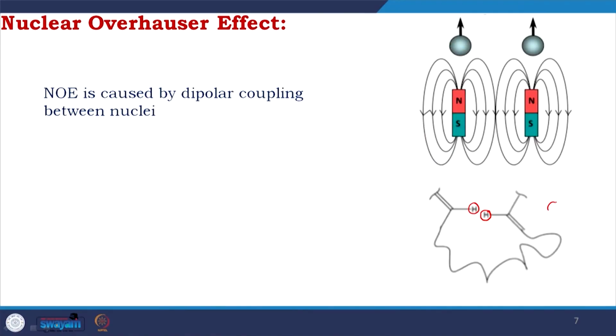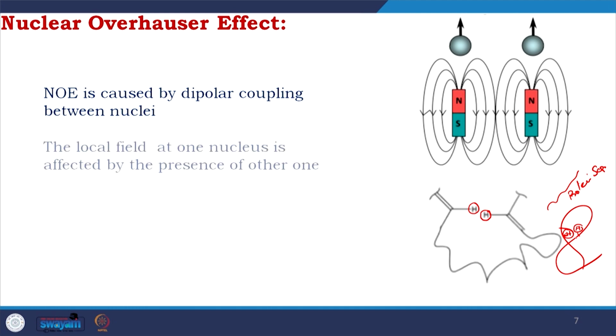What am I talking about? Suppose you have a protein, this is a protein sequence, but when you want to understand the protein structure, you want to understand the fold. By seeing this hydrogen and this hydrogen coming closer, you will get an idea about which residues are closer. So, that is what NOE does.